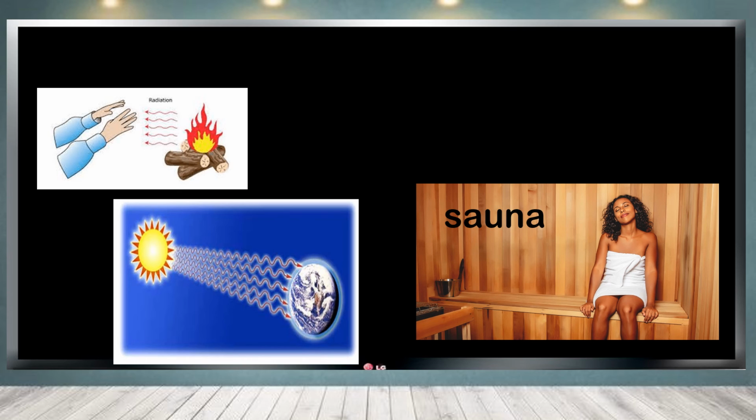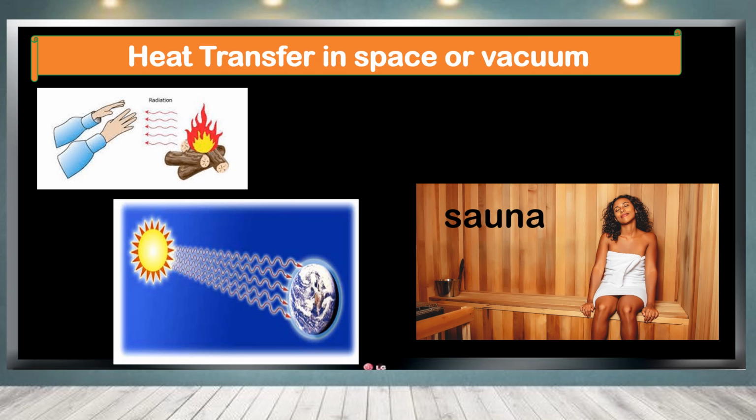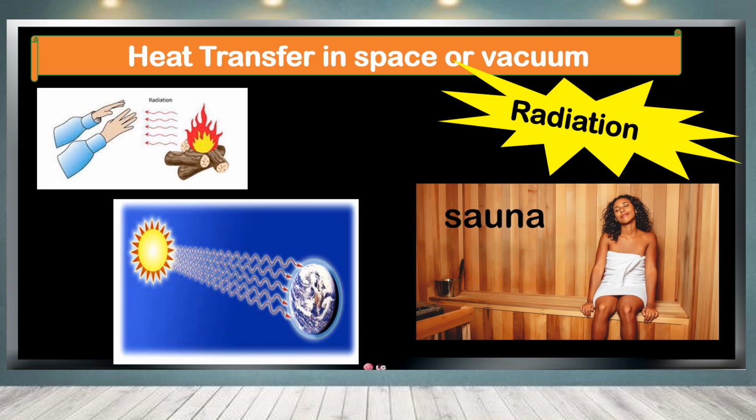Another one is the sauna. A sauna is a closed room, but how does the girl feel the hotness inside a sauna? Because the heat travels in a vacuum. And when the heat travels through space and in vacuum, it is called radiation.